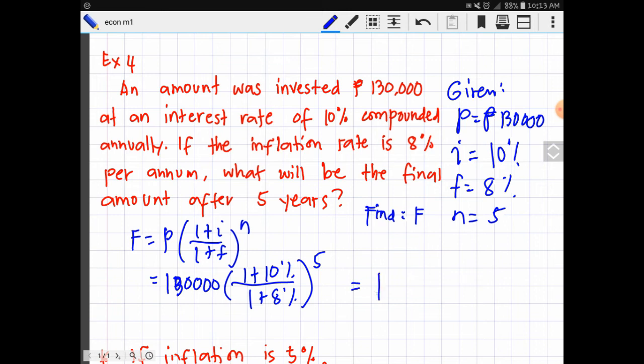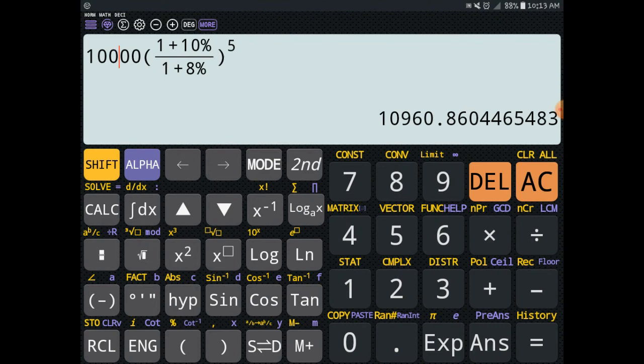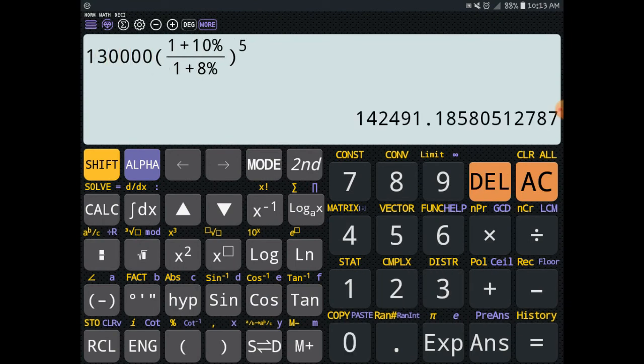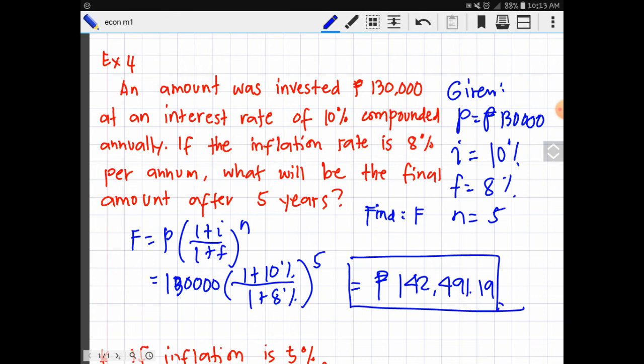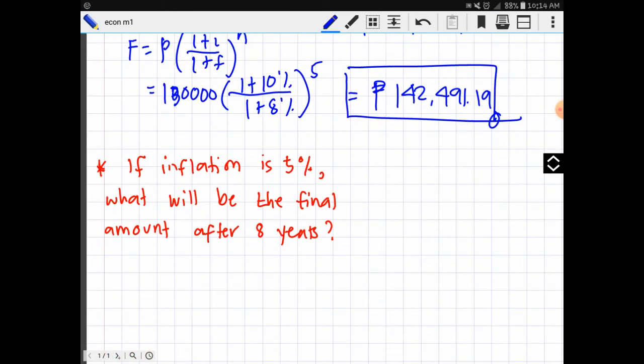And the answer is 142,491.19 pesos. That is our F.